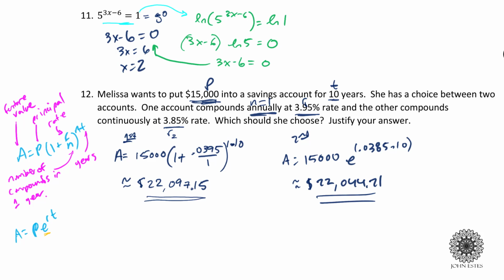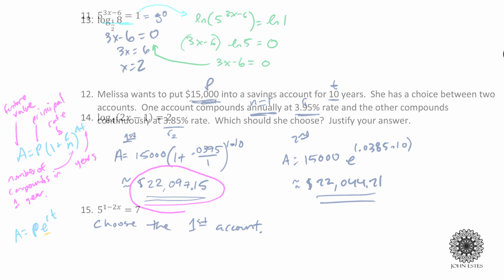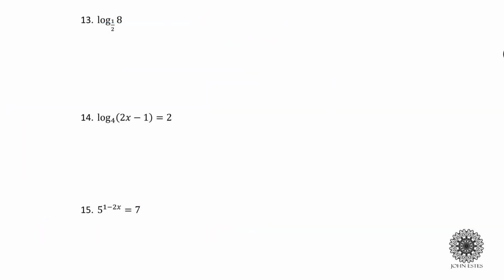Okay, but if we're trying to pick a winner, because we want to know which one to get, we're going to go with the bigger value, right? Okay, so to summarize, I'm going to say choose the first account. Okay, and so there it is. That's it. Choose the first account because it gives us more money. Okay, so let's look at a few more of these.